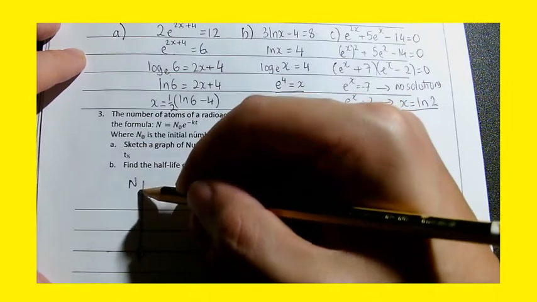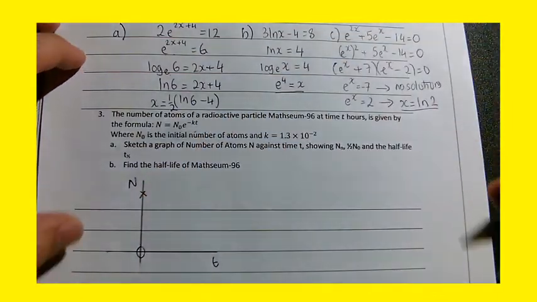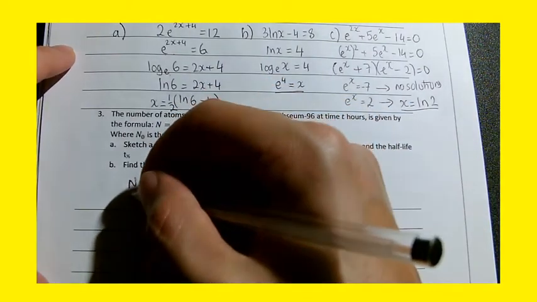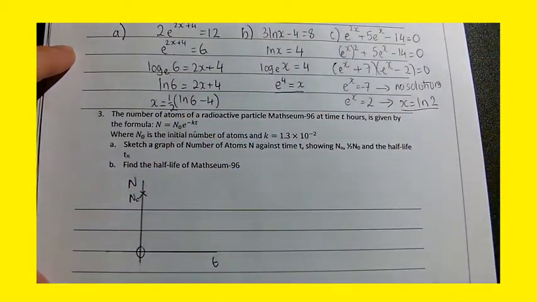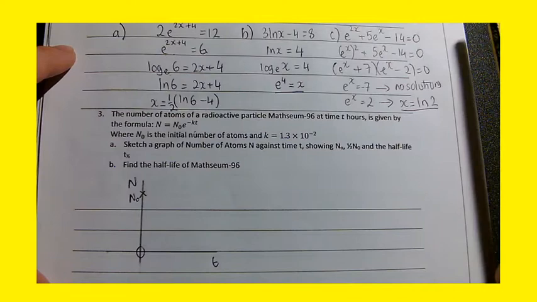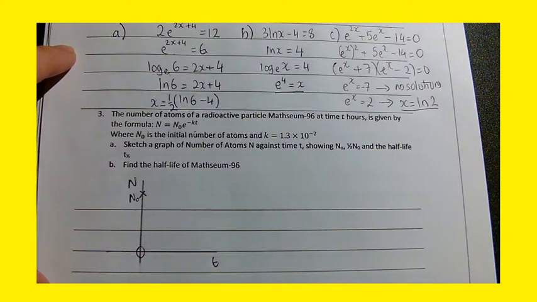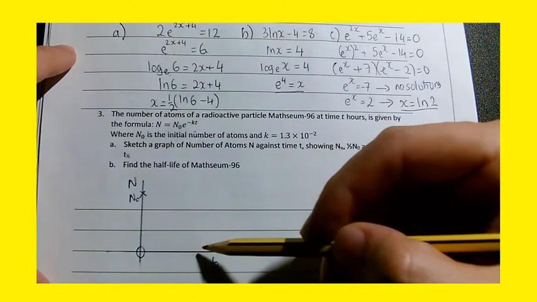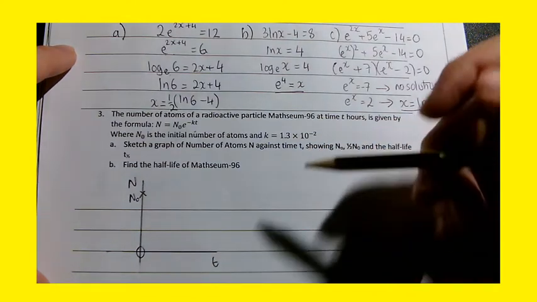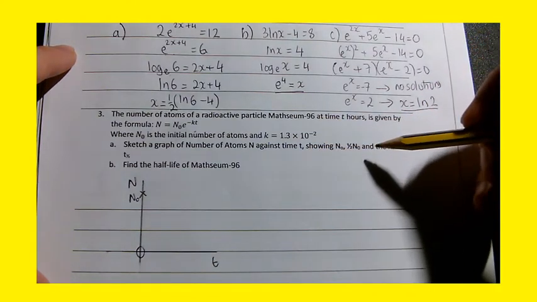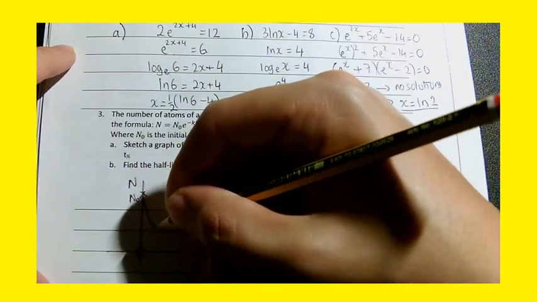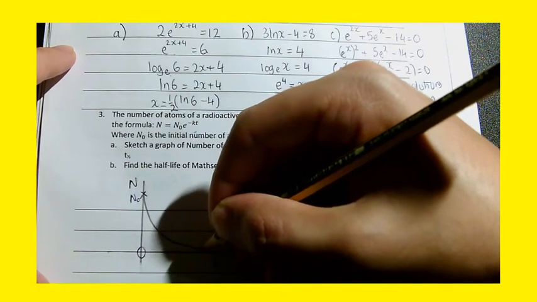So what happens is we've got an initial number of atoms, and that initial number is what we call n0. At time t equals 0 we've got a certain number, and the graph should exhibit this sort of behaviour. So we've got to show n0, half n0 and the half-life t half.